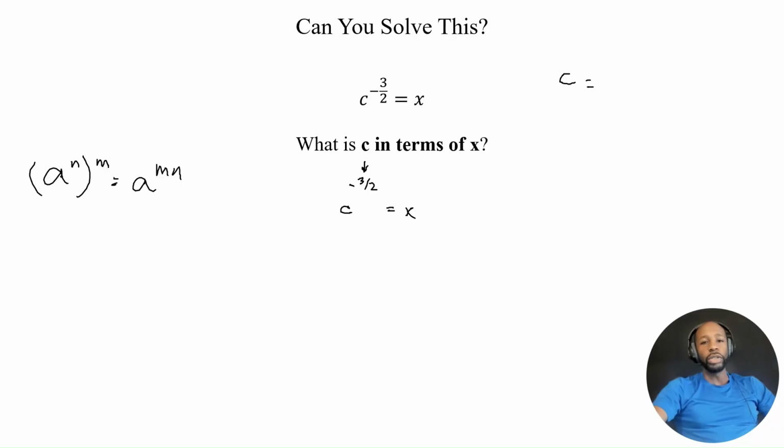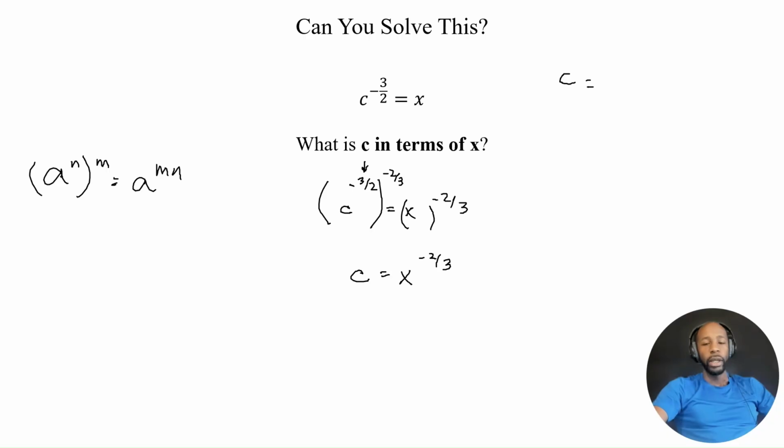So what we're going to do is raise this to the negative 2/3 power. So when you multiply those, that becomes positive 1. Whatever you do to one side, you do to the other side, right? And so then that becomes c is equal to x to the negative 2/3.